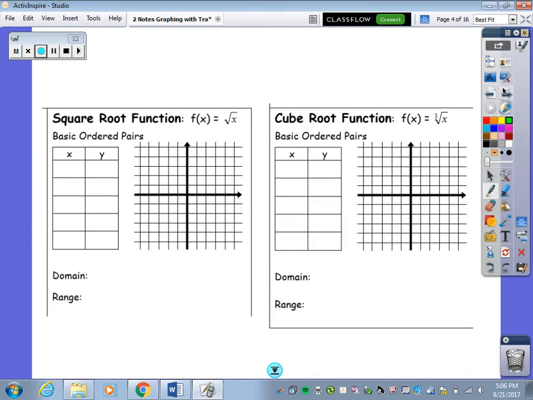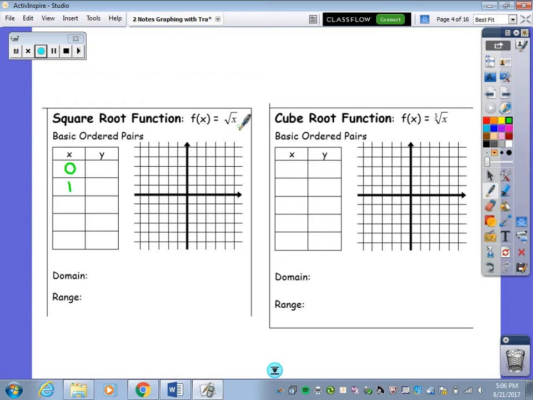Next parent function, we have the square root function. So we know whenever we have a negative underneath a square root, we get undefined. Some numbers that are going to help us out with this are 0, 1, and we want to choose numbers that are going to be a perfect square under here. So for example, when you put 1 in for x, you get as your y value 1. But if you were to put 2 in for x, you would get square root of 2, which we know isn't a nice number to look at.